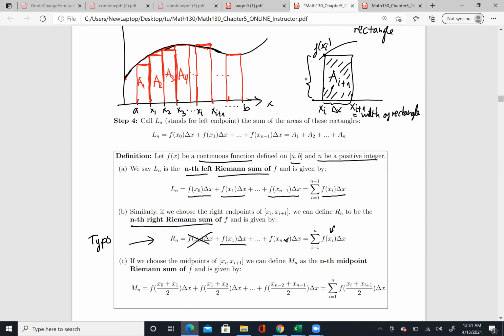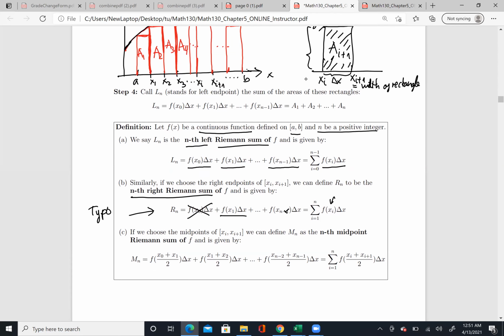Okay. And if we choose the midpoint for x_i to x_{i+1}, we can define M_n as the n midpoint Riemann sum of f, given by f of (x0 plus x1) divided by 2 multiplied by delta x.